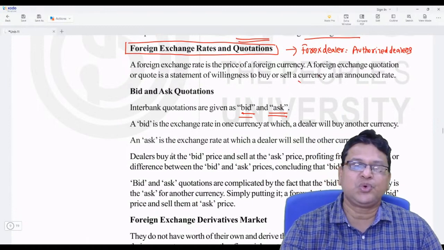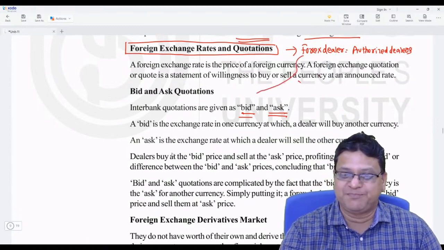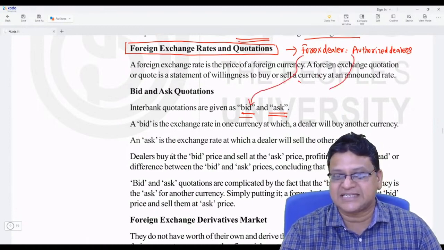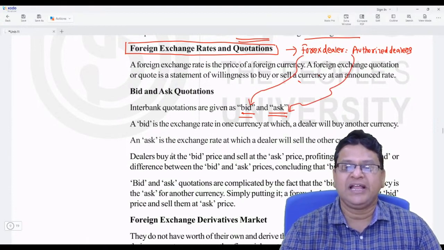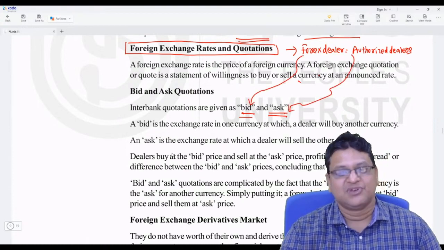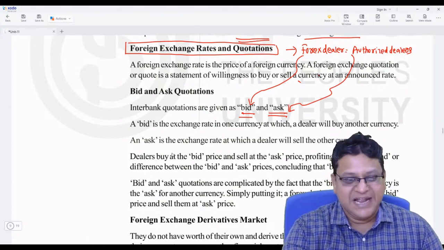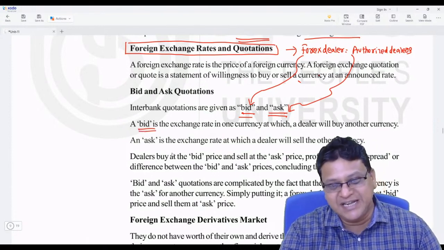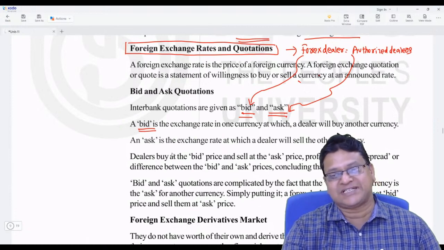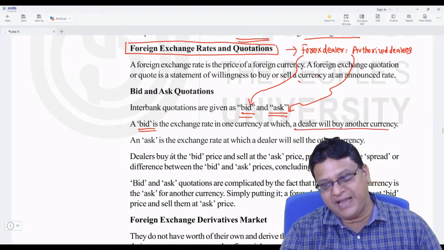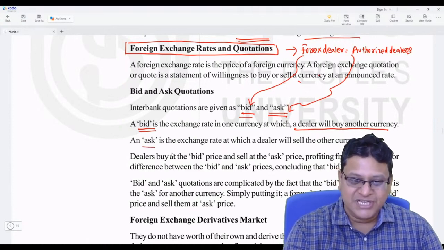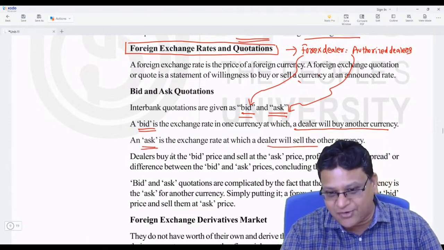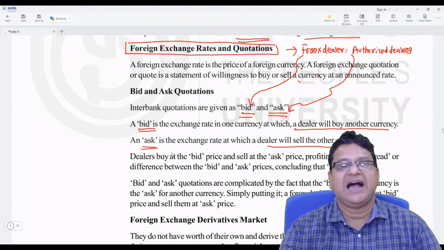They quote two types of rates. One is bid rate, another is ask rate. The bid rate and ask rate are quoted by forex dealers. What is bid rate? The rate at which a forex dealer will buy the currency. The rate at which the dealer will sell the currency is known as ask rate.